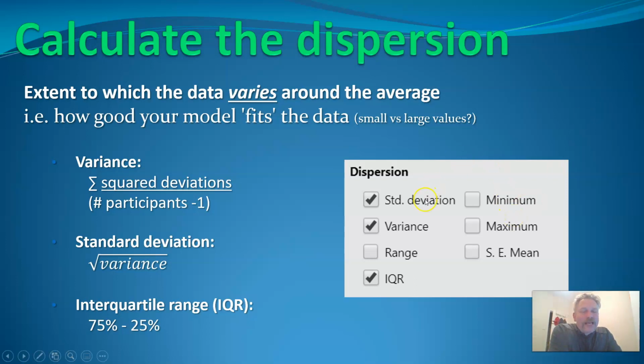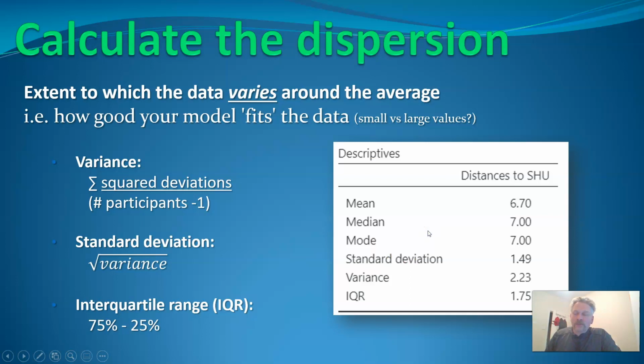What we can do in Jamovi again is ask for a variety of different measures of dispersal, be it the variance or the standard deviation or the interquartile range, etc., etc. And in the workbook, I talk more about these individually. But again, these just indicate by how much scores aren't typical, how much they deviate or spread around those averages.